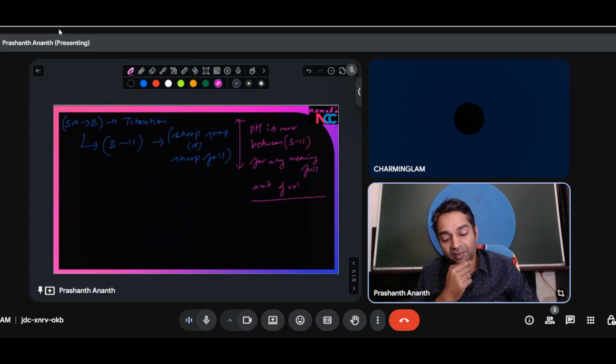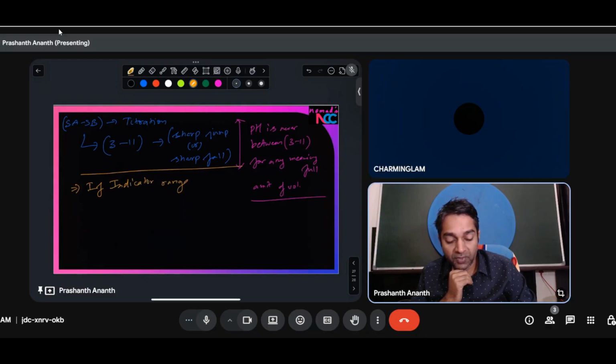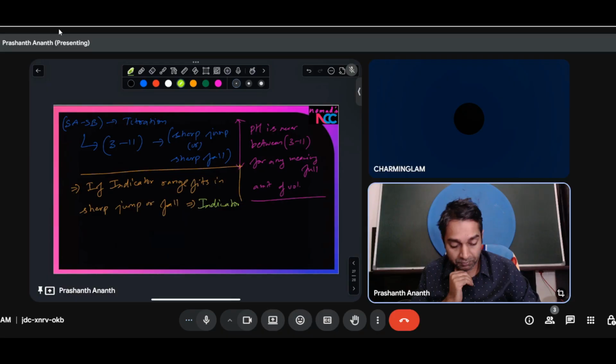So, what is the extra bit which we can now understand or extrapolate from here? It implies that if the indicator range fits in the sharp jump or fall, the indicator can be used for that particular titration.